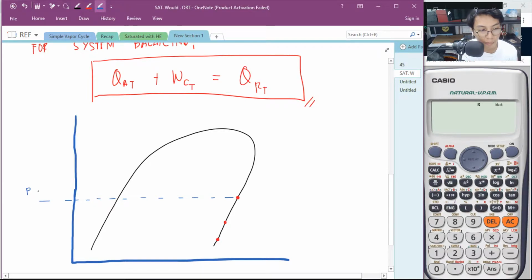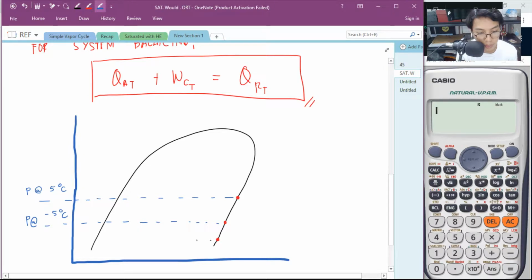At 5 degrees Celsius. We trace this back. This is P at negative 5 degrees Celsius.